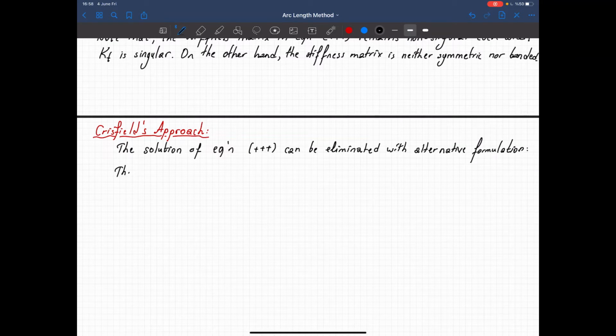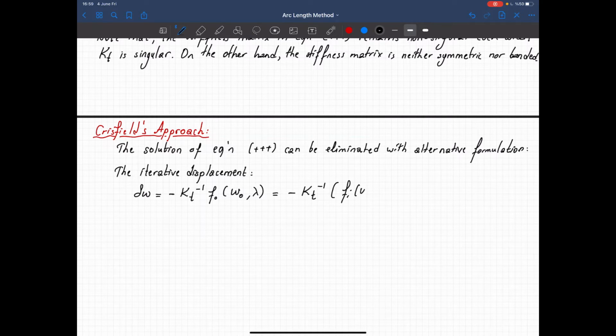So we say the iterative displacement is equal to inverse of the tangent stiffness matrix multiplied by the residual force, W0 and lambda, which is equal to minus tangent stiffness inverse, the internal force minus lambda times external force. So let's call this one equation 1.